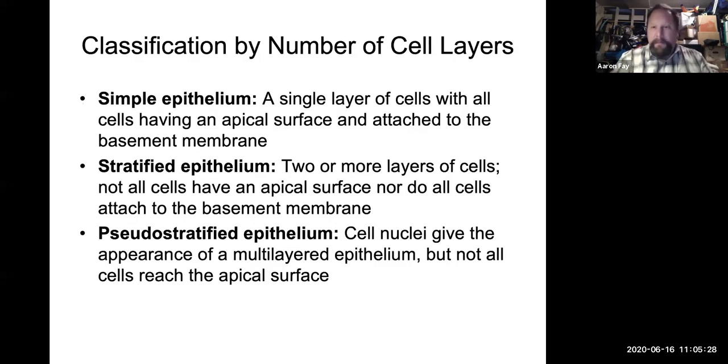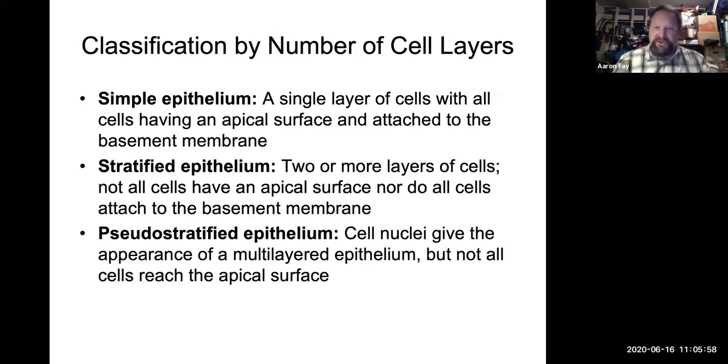So by classifying cells based on the number of layers, we really have two and a third extra kind of funny one. So let's take care of the easy one, or the clear one, first. A simple epithelium means you only have a single layer of cells on top of the basement membrane. All of them have an apical surface. All of them have a basal surface. Nice and easy.